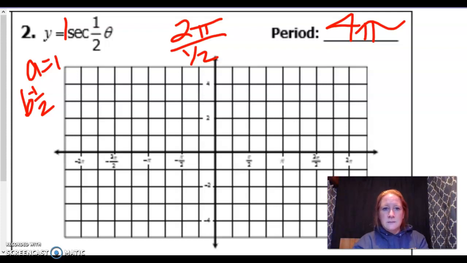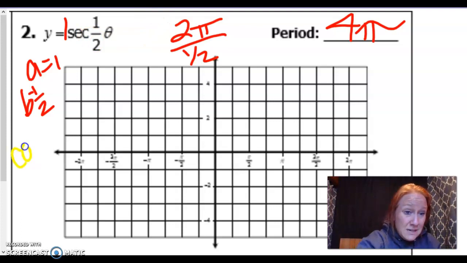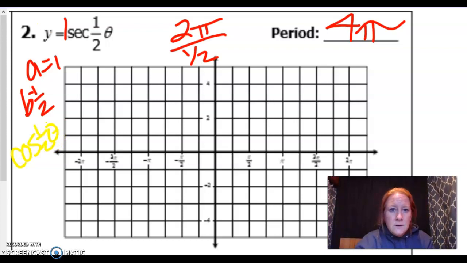Okay, so I'm going to go in. Really, what I'm going to graph first in yellow is the cosine of 1/2 theta. So I put in my little top and bottom. The amplitude of the actual cosine would be 1.